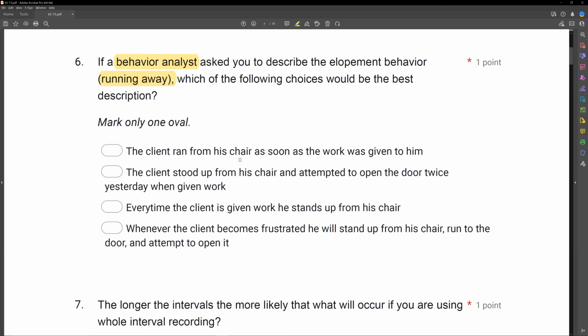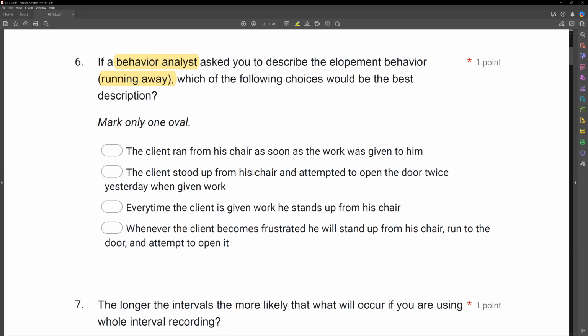So A, the client ran from his chair as soon as the work was given to him. Okay, isn't bad, right? We know what the antecedent was. Work was given, client ran from his chair. Not bad, right? Can we do better? B, the client stood up from his chair and attempted to open the door twice yesterday when given work. Okay, much better, right?